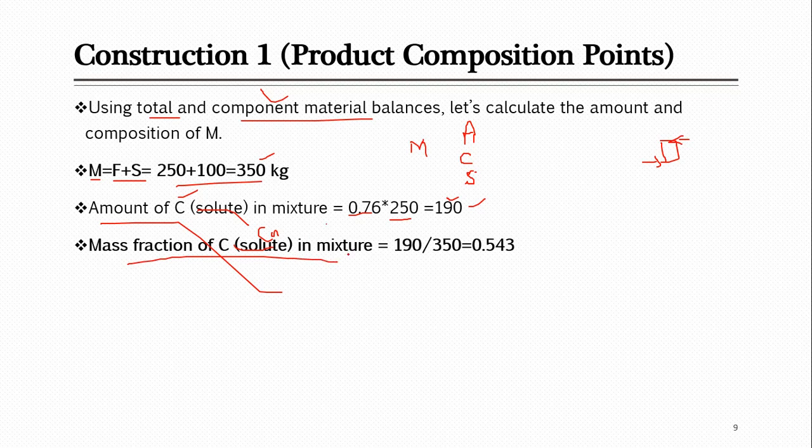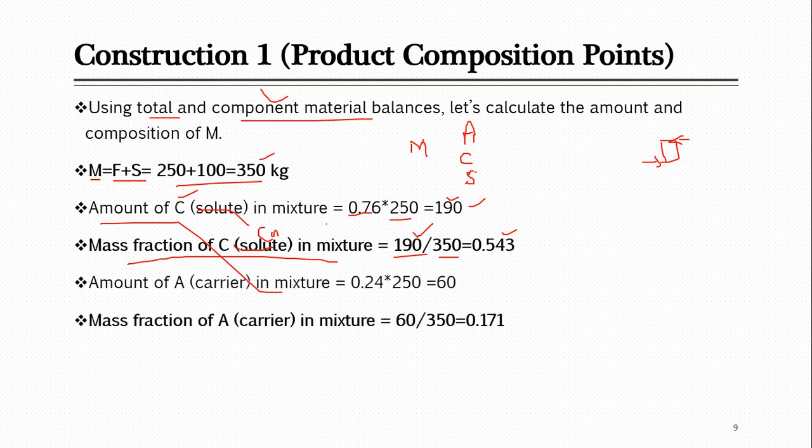In order to find the mass fraction, you just divide the mass of the one component for which you are looking for the mass fraction by the total mass of the system. So you will get 0.543, and this is again straightforward stoichiometry, so you can use it for calculation of the other components.